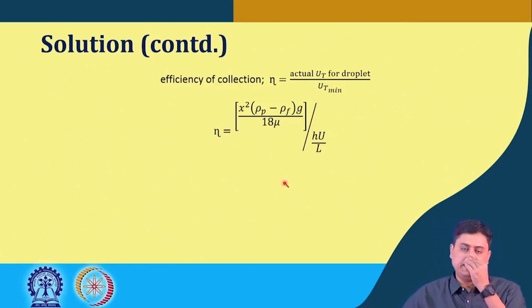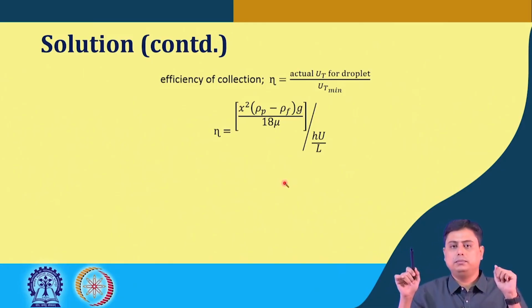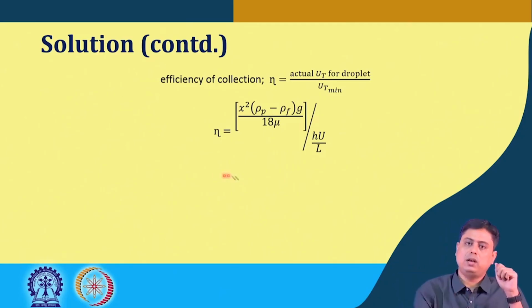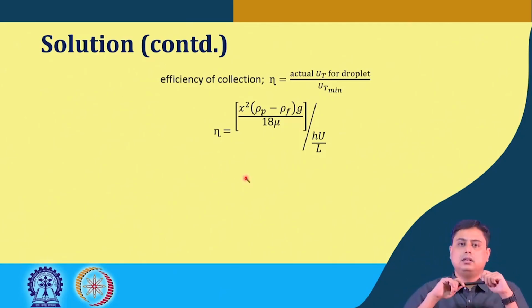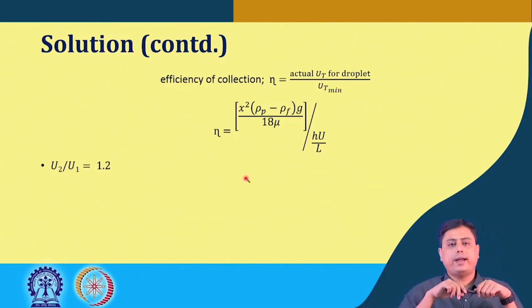If we designate the original state as 1 and the modified state as 2, which is a 1.2 times increment of 1, then u2 by u1 changes by a factor of 1.2, because all the inlet cross sections, all the geometry, everything remains the same.